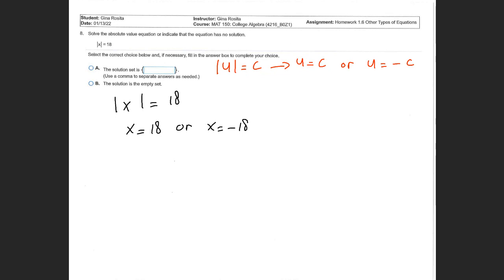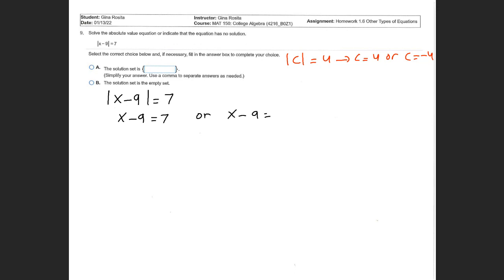Now go to the next one. Number 9. Solve the absolute value equation or indicate that the equation has no solution.